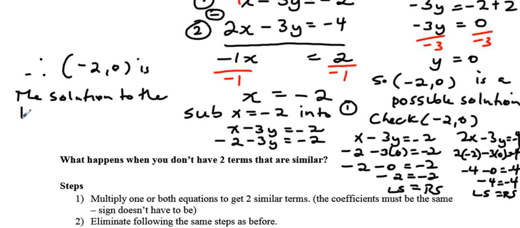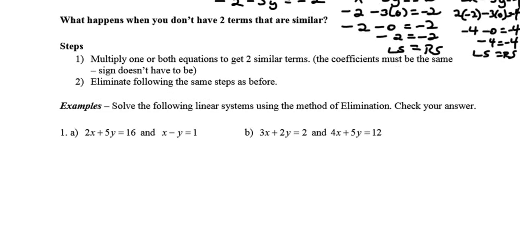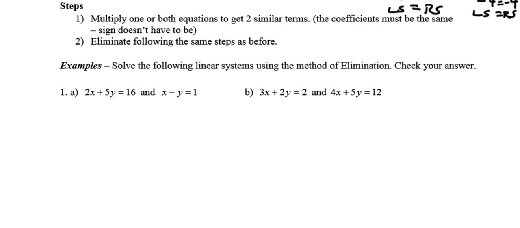Now, I know you're getting tired, but I do have a couple more examples that I want to go over with you. So here's a couple more where you don't have any numbers that are the same, whether the sign is the same or different. So let's line these up and have a look at them.